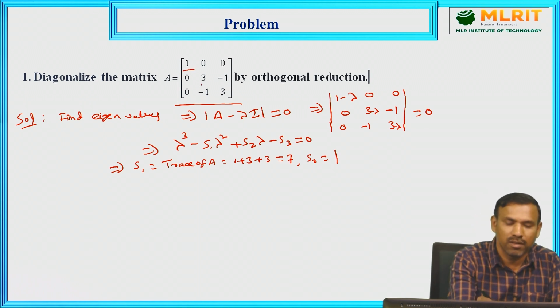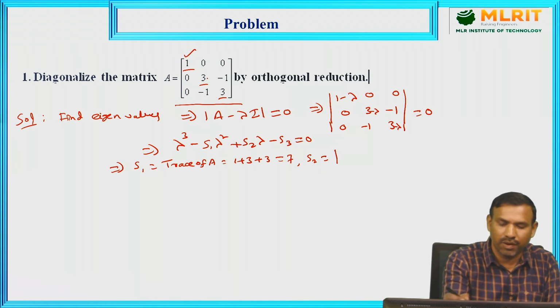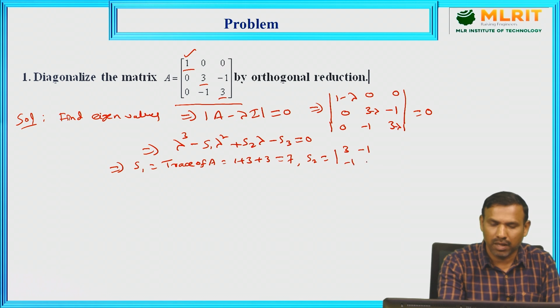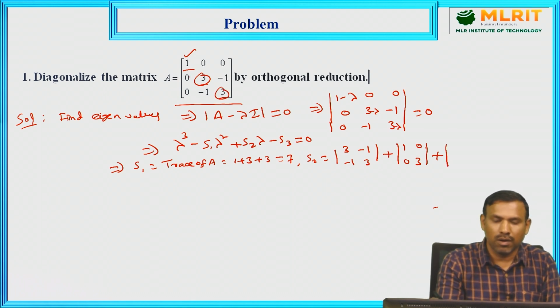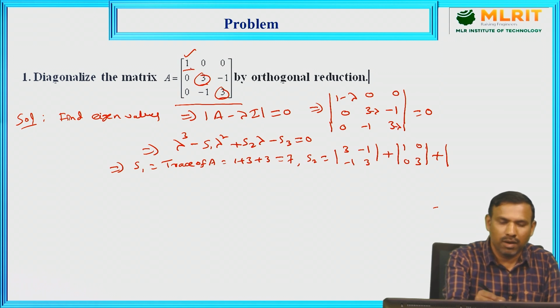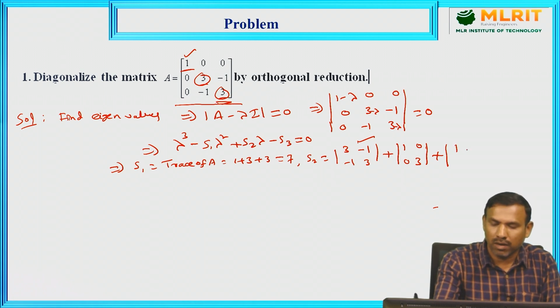Leaving the first row and column, the det of the remaining [3, minus 1; minus 1, 3], plus leaving the second row and column, [1, 0; 0, 3], plus leaving the third row and column, [1, 0; 0, 3].